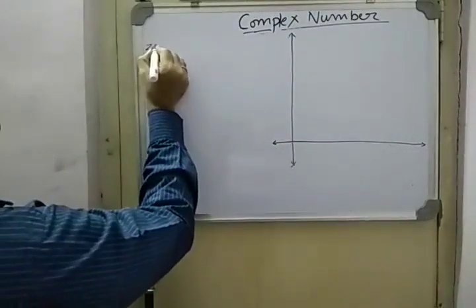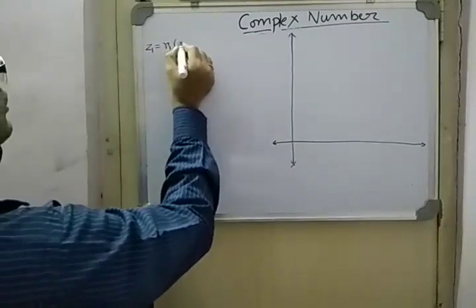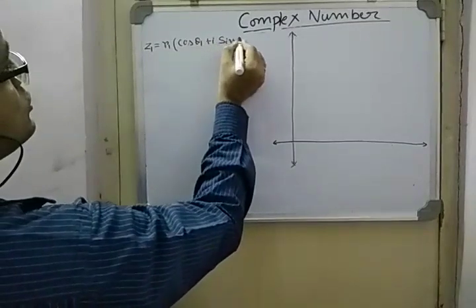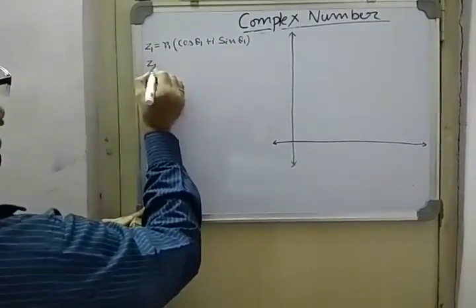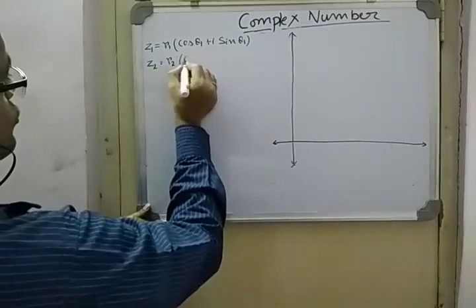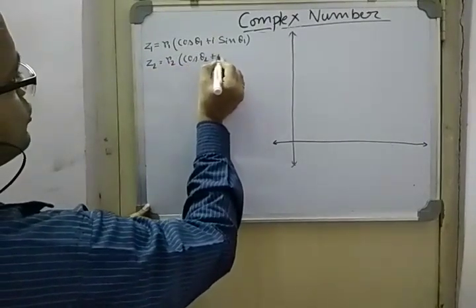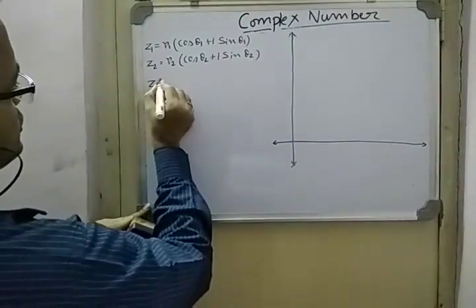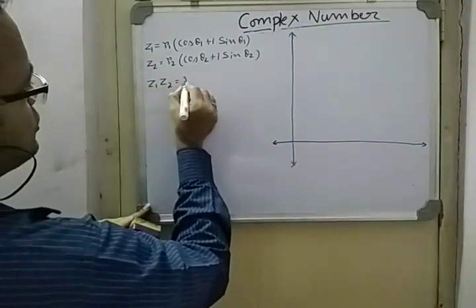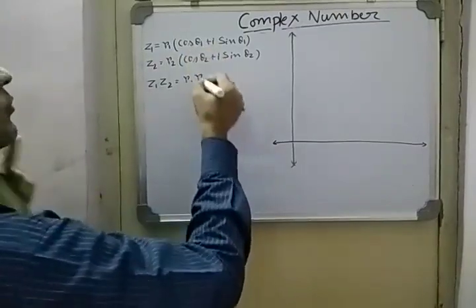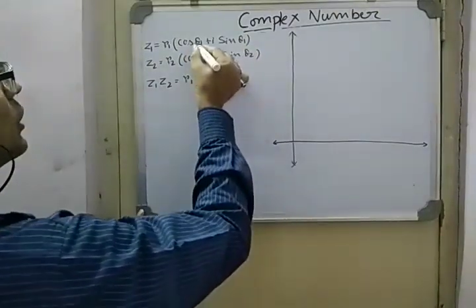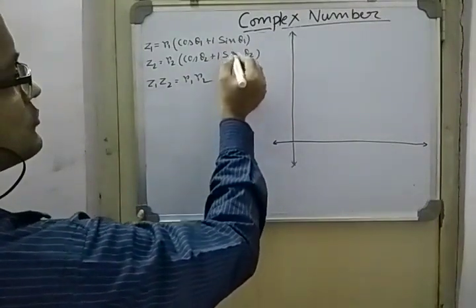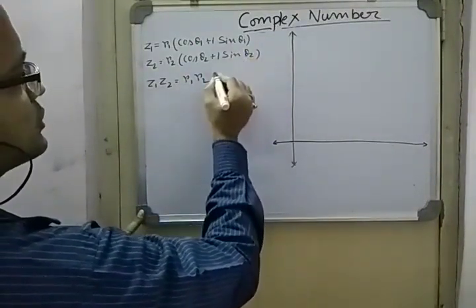Suppose Z1 is what? R1 cos theta 1 plus I sin theta 1. Z2 is what? R2 cos theta 2 plus I sin theta 2. Let's calculate Z1 Z2. It will be R1 R2, and if you multiply this, see, the real part is cos theta 1 cos theta 2, then this part will be I square sin theta 1 sin theta 2.